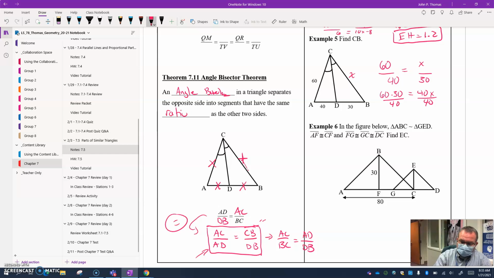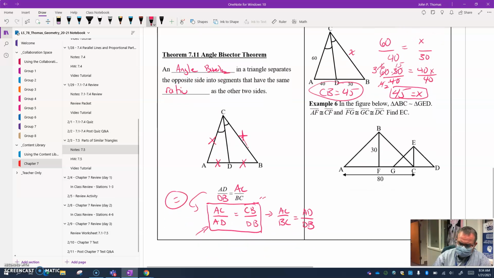First thing I notice is that I can go ahead and reduce this down to a 4, and then this to a 6. From there I can take a 2 out of this and move that 6 to a 3. And then I can put the 2 in there, and that's 15. 3 times 15 is 45. All right, so we get that missing side, CB, is 45. And again, we're setting up this proportion from this new theorem that we have to work with.